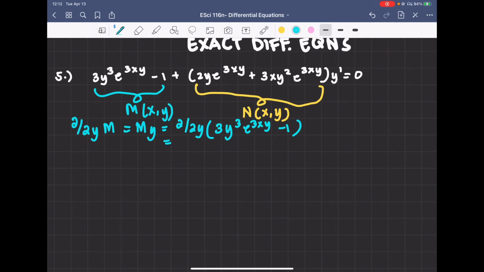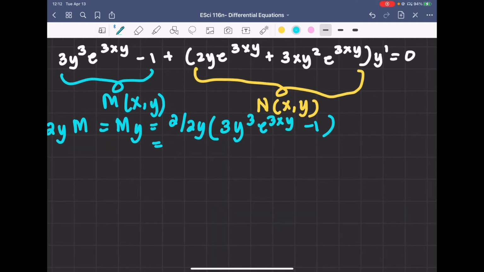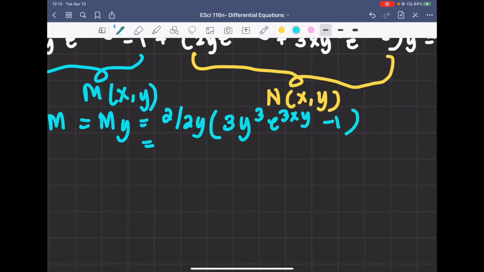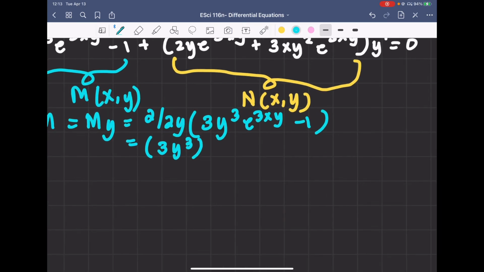As you can see here, in 3y cubed times e to the 3xy, it has two terms, so we need to use our product rule. The product rule is the first term times the derivative of the second term plus the derivative of the first term times the second term. So this is 3y cubed times the derivative of e to the 3xy.